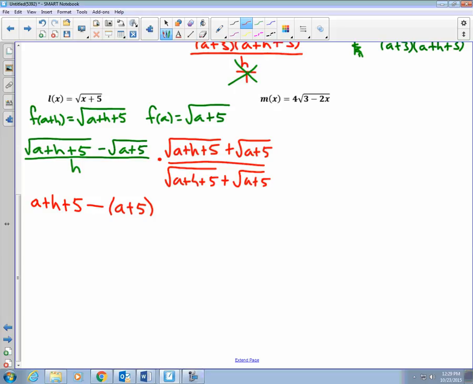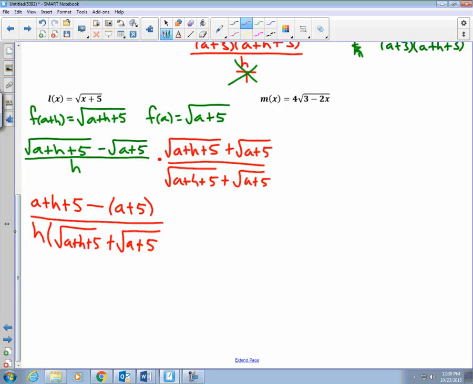I didn't write the middles down, did I? I would have negative square root of a plus 5 times the square root of a plus h plus 5, and then the positive, but those cancel. That's why I could just write it like that, all over h times the quantity square root of a plus h plus 5 plus the square root of a plus 5.